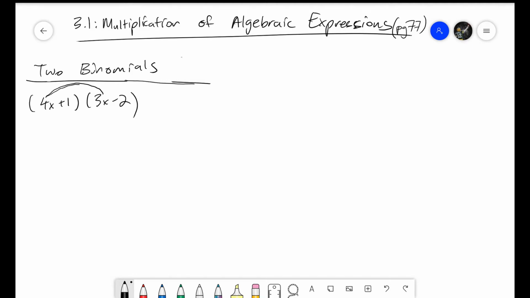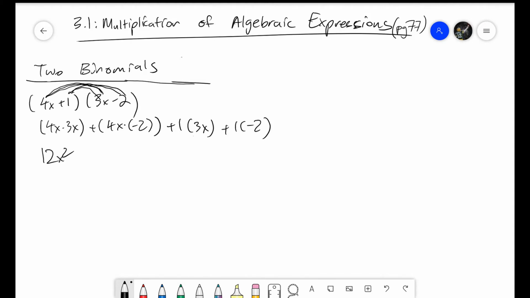Then you would multiply the 4x by the negative 2. Then you would multiply the 1 by the 3x. Then you multiply the 1 by the negative 2. That gives 12x squared minus 8x plus 3x minus 2, which is 12x squared minus 5x minus 2.